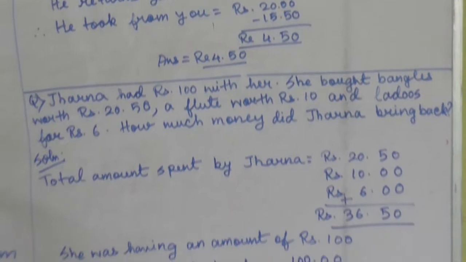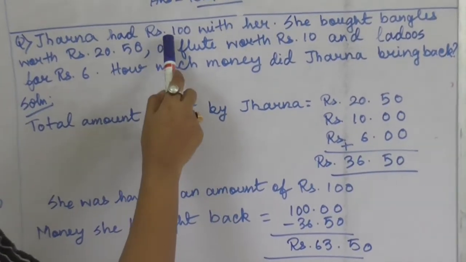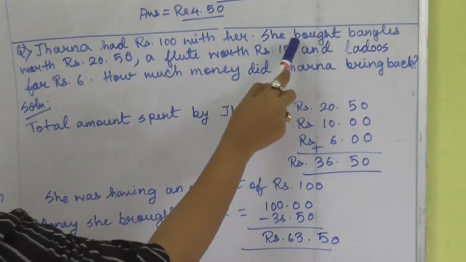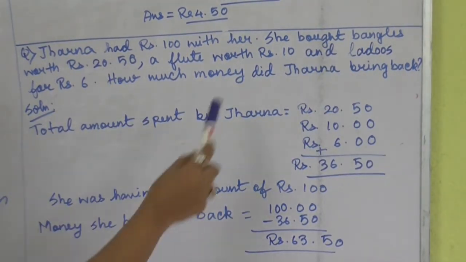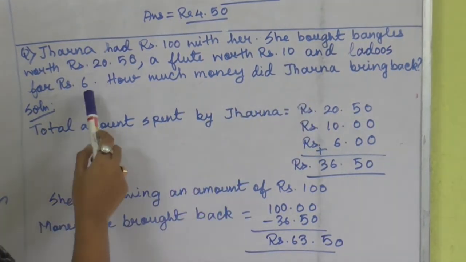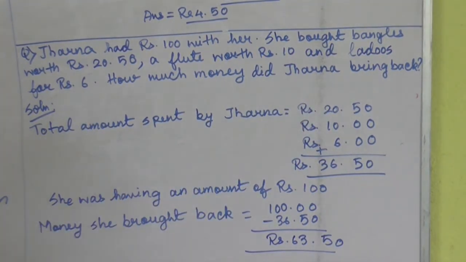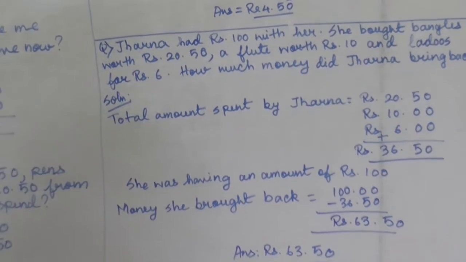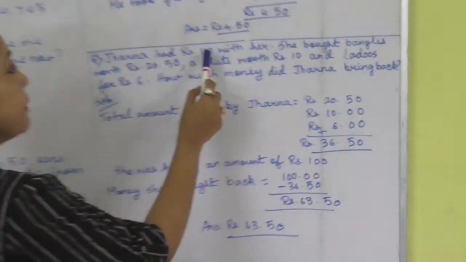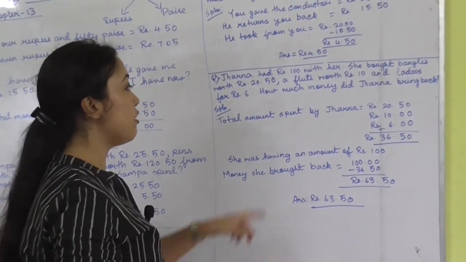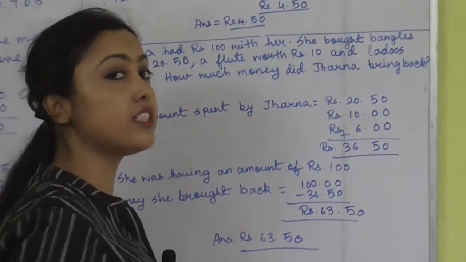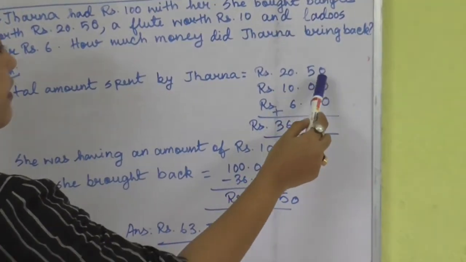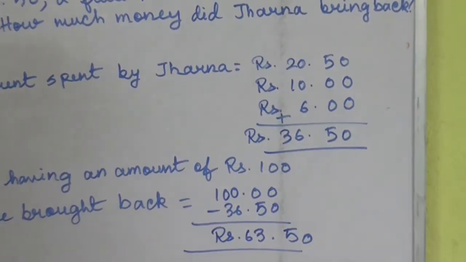Next, another problem has been given. Jharna had rupees 100 with her. She bought bangles of rupees 20.50, a flute worth rupees 10 and laddus for rupees 6. How much money did Jharna bring back? So what is the total amount spent by Jharna? I am adding all these three amounts, that is 20.50, rupees 10 and rupees 6.